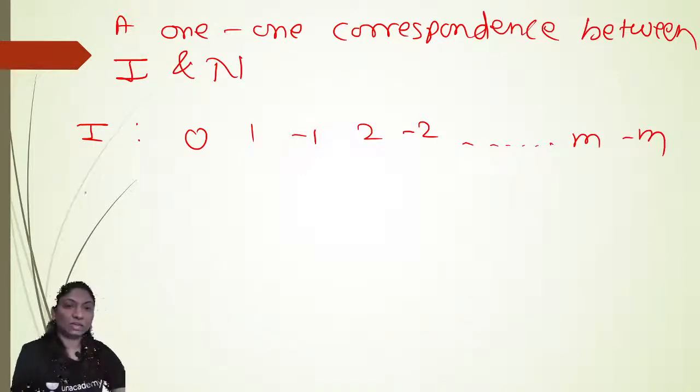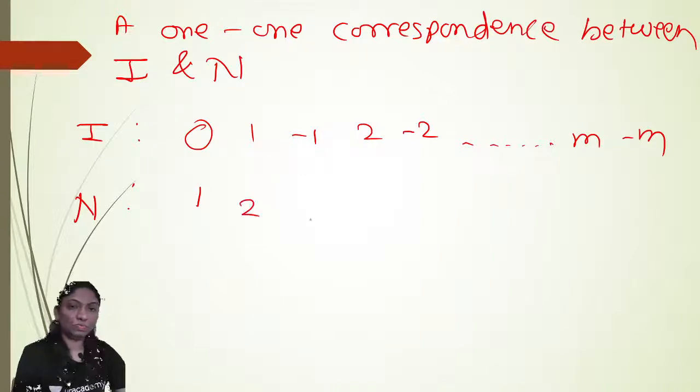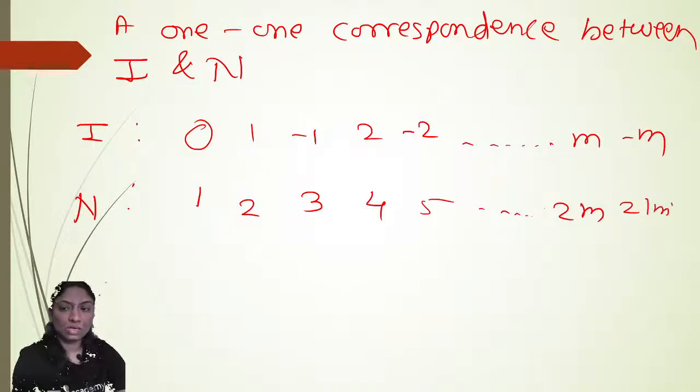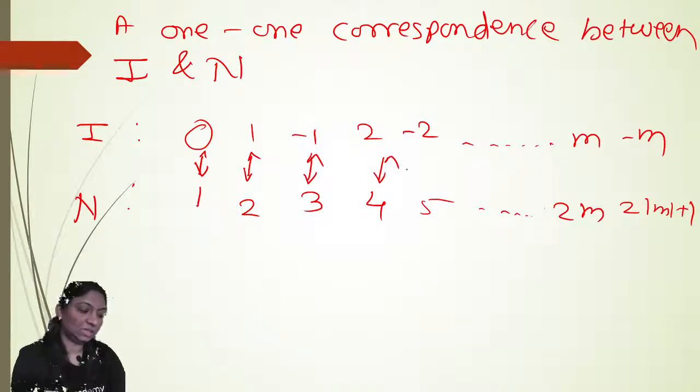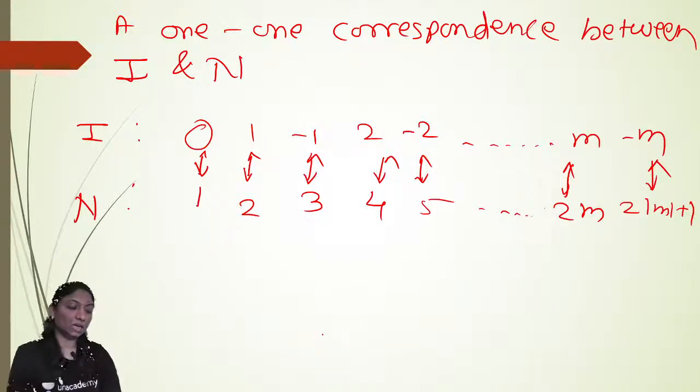Then we can give the relationship with the set of natural numbers: 1, 2, 3, 4, 5, and so on, 2m, 2 into the cardinality of m plus 1, and so on. So there is a one-to-one correspondence between the set of integers and the set of natural numbers. Therefore, we can say that the set of integers is countable.